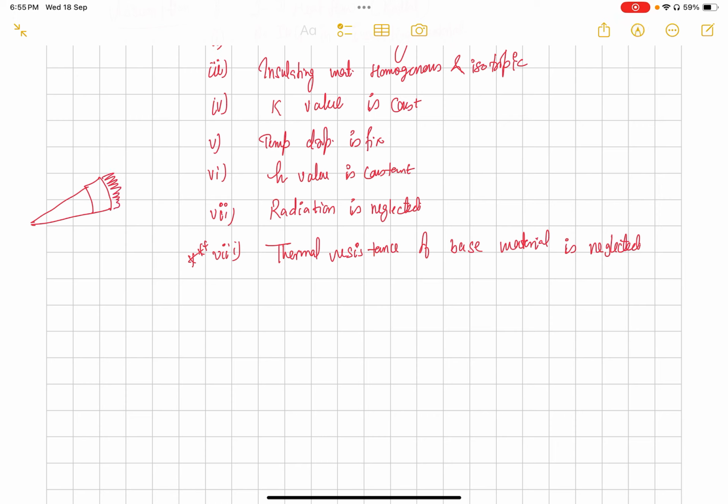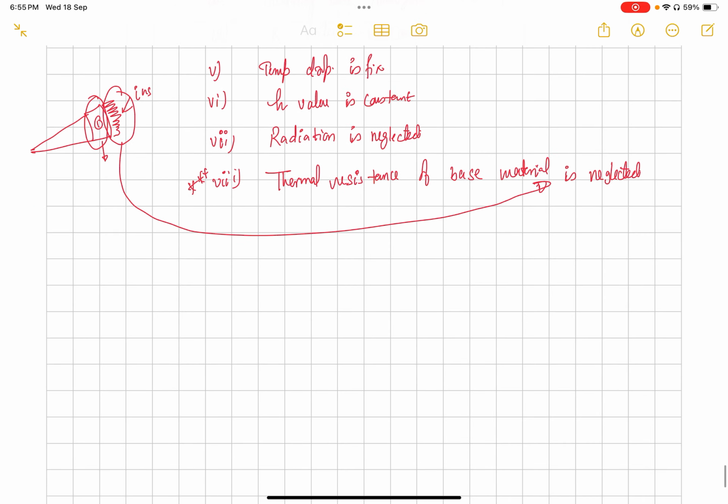This is the insulation, and this is the base material. We are not concerned about the thermal resistance of this base material, so we are not considering it. We are considering only the thermal resistance of this insulation, because it will be higher as compared to the base material.